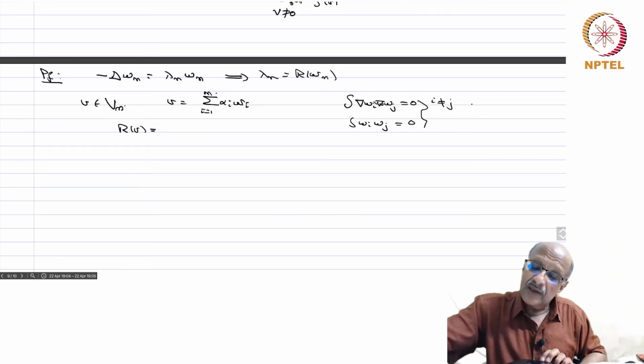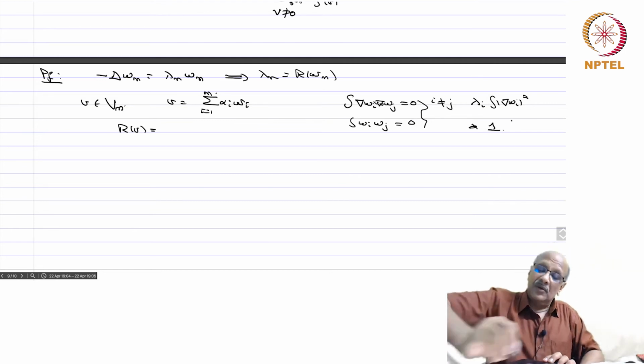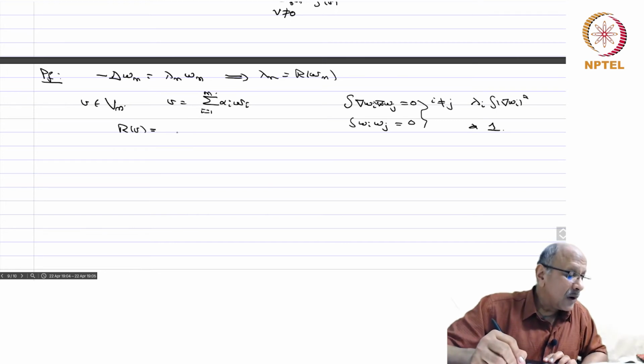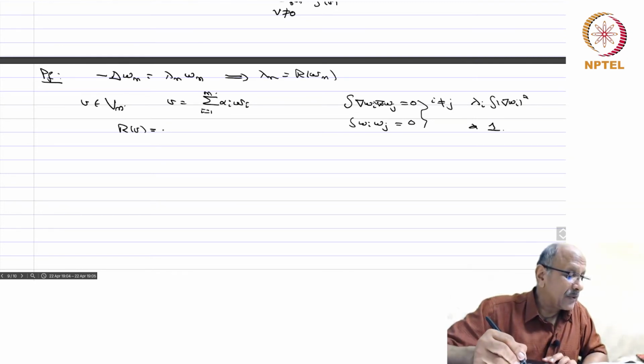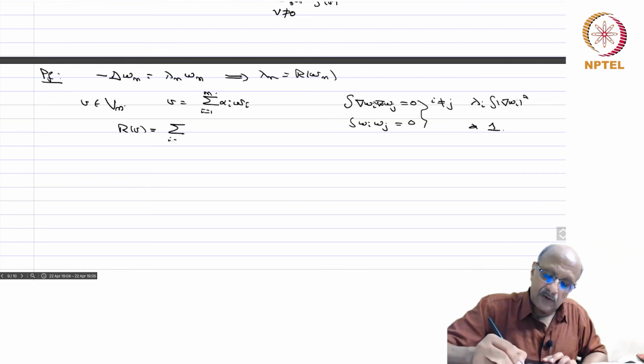If i equals j, the integral of ∇wi·∇wi is λi, and the integral of wi² is 1. So, if you compute the Rayleigh quotient using this expansion, it is a straightforward computation. R(v) is equal to the sum from i equals 1 to m of λi αi² divided by the sum from i equals 1 to m of αi².